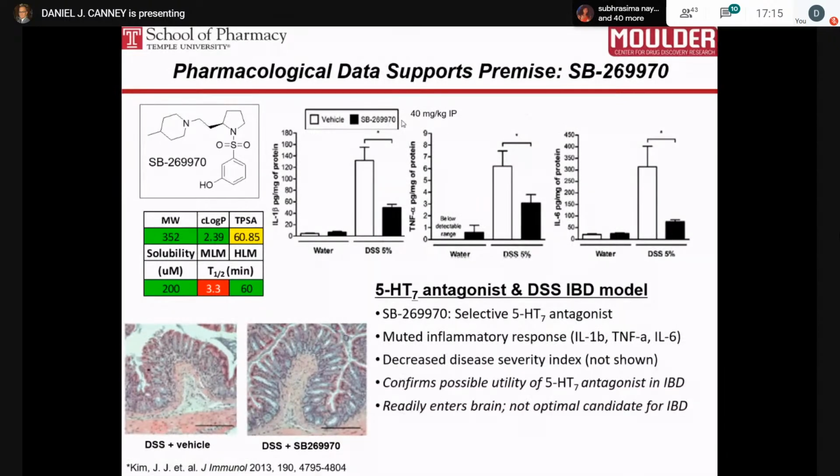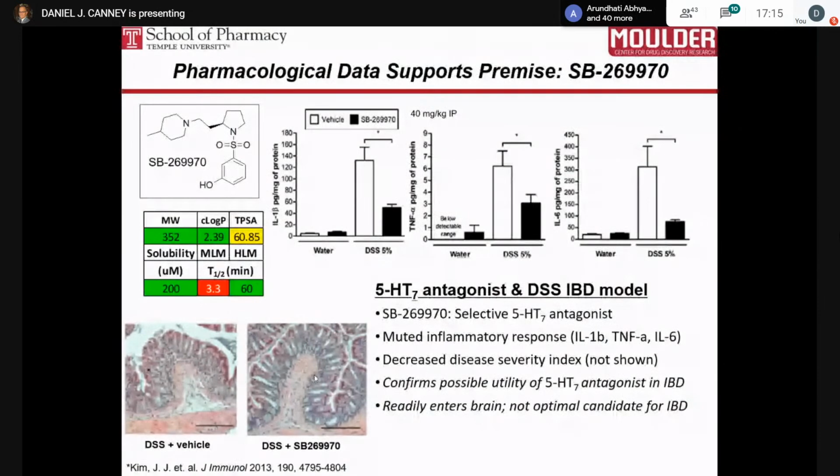So again, here's a look at the histology showing with vehicle. You can see that the tissue is pretty well inflamed and not looking healthy. Here is the treatment group looking somewhat better after a 5-HT7 antagonist.